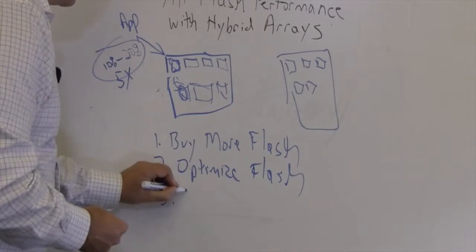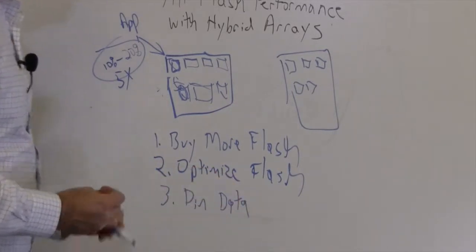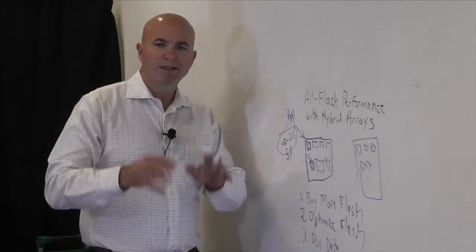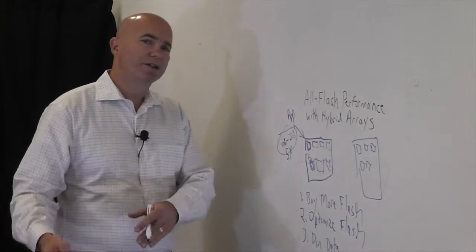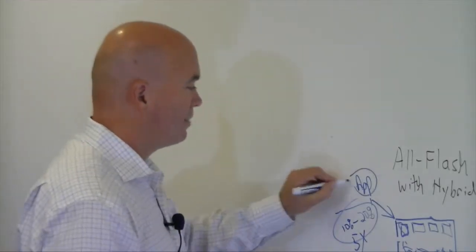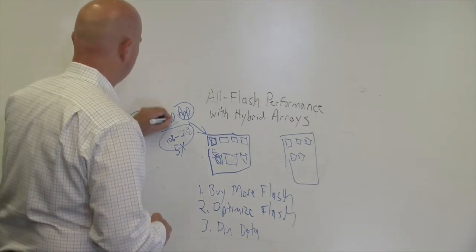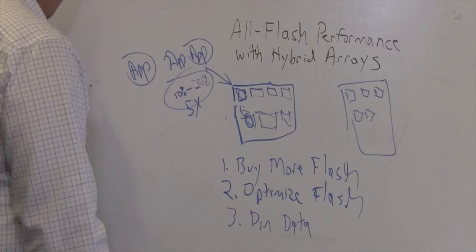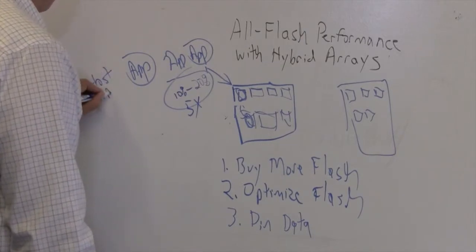The third thing we can do is pin data. This is going to require you to ask a specific question of your flash vendor to make sure they can do this, because not all of them can. Let's say I have this app here and I've got another app and another app. Maybe I have some virtual hosts, so I have a host and that host has VMs on it.